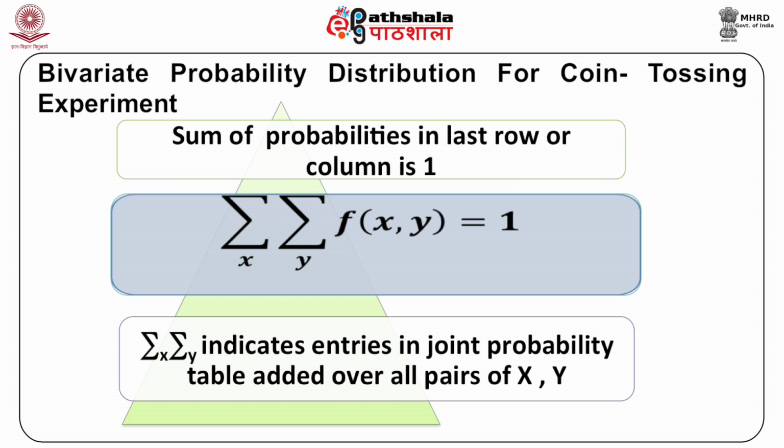In general, we may write this condition as the summation over x, summation over y, of f(x, y), which is equal to 1, where the double summation indicates that the entries in a joint probability table are added over all possible pairs of values x and y. Also note that the probability distribution p_y(y) appearing in the lower margin and the probability distribution p_x(x) appearing in the right hand margin of the table are the marginal distributions of X and Y.